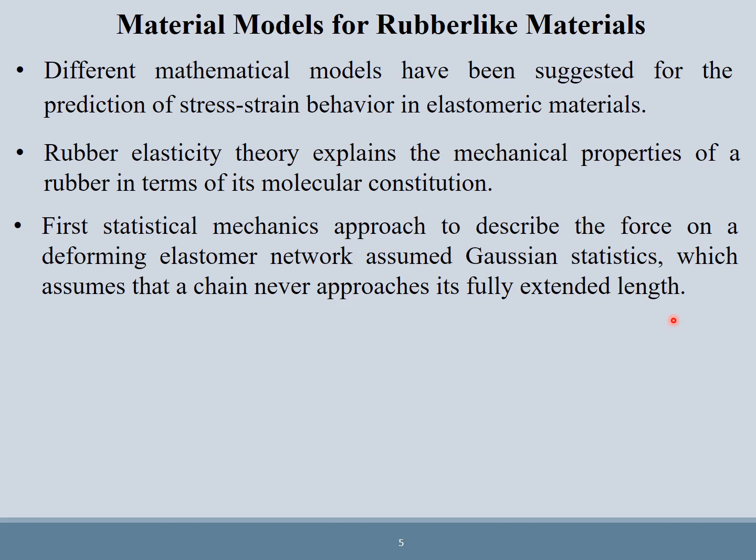As I have explained, rubbers are made up of chains, so when we apply the load, the chains will stretch. Gaussian statistics assume that when the load is applied, the chain will never approach 100% extensibility. Meaning we don't have large deformation, only deformation of a small level. That is Gaussian statistics, in which the chain does not reach the fully extended length.